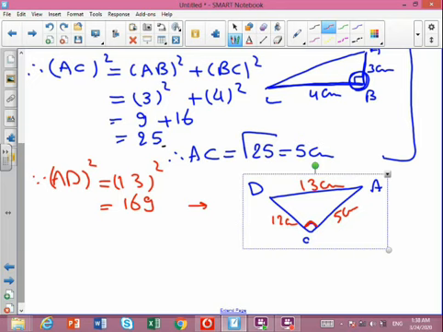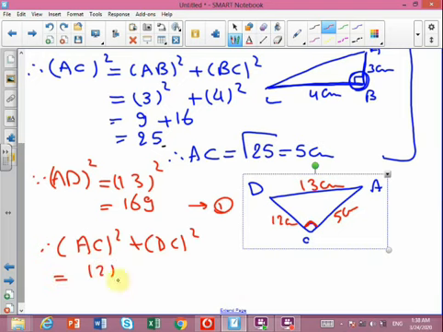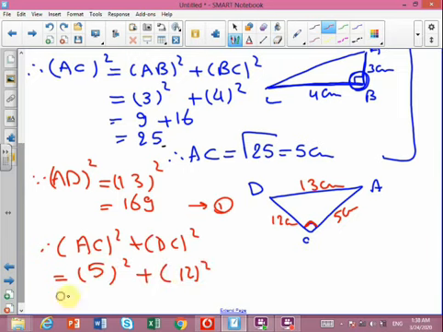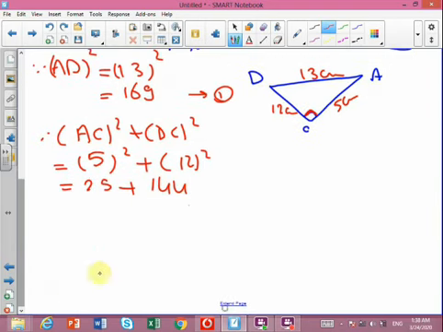This is number 1. Then the sum of the squares of the other two sides, AC square plus DC square, which is 5 square plus 12 square equals 25 plus 144, which is equal to 169.